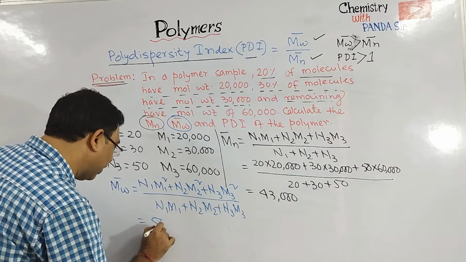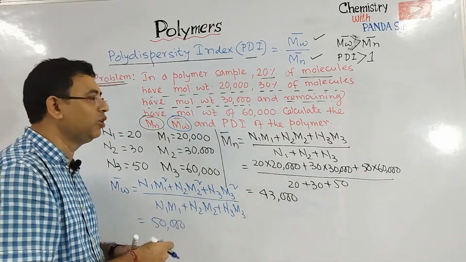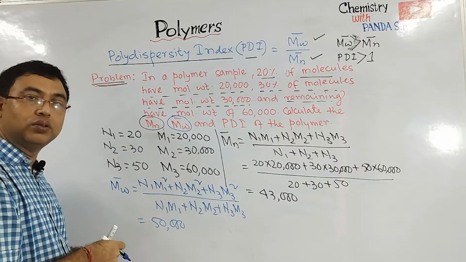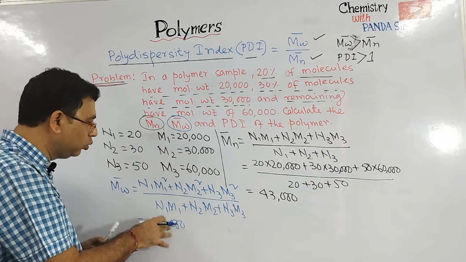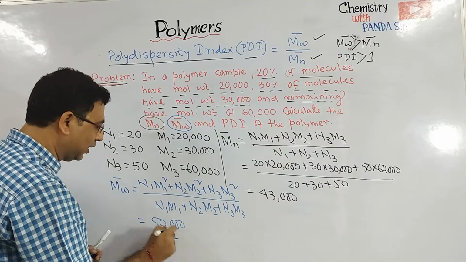You will get this value close to 50,000. I'm not putting the value again because I have shown once. You just put the value, do the calculation with the help of calculator, you will get this answer, I suppose.